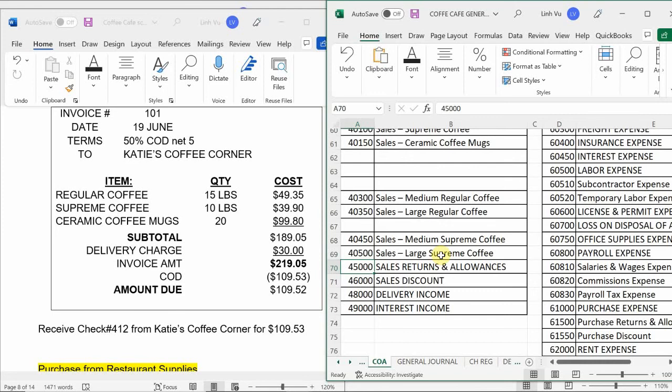We're charging Katie, right? So, what are we going to be representing that as? COD. Do we have an account called COD?